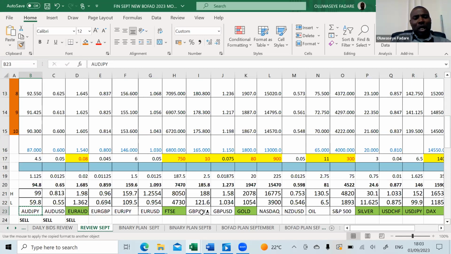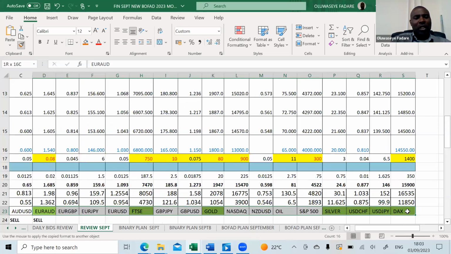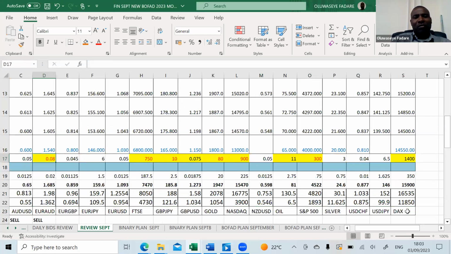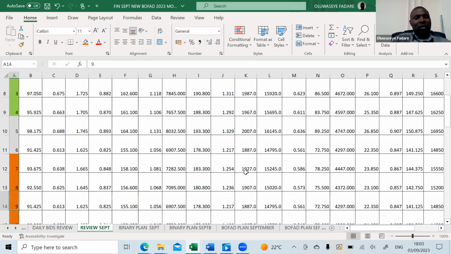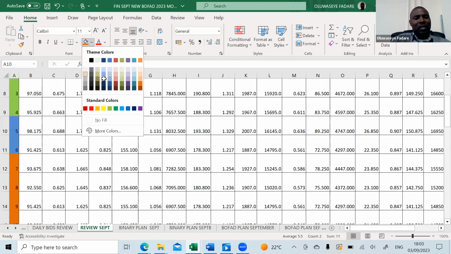So that's what we just need to do, monitor the market to be able to identify. But there are some controls that have been put in place concerning this template. So here we have our, should I call it, our mid target?